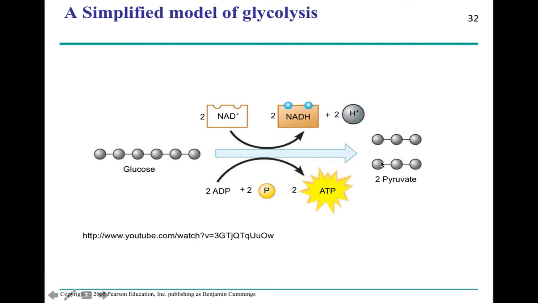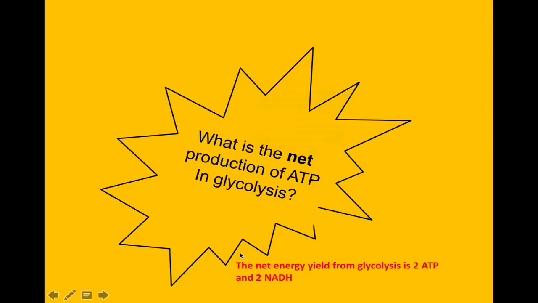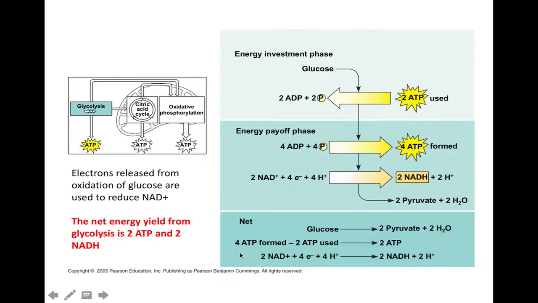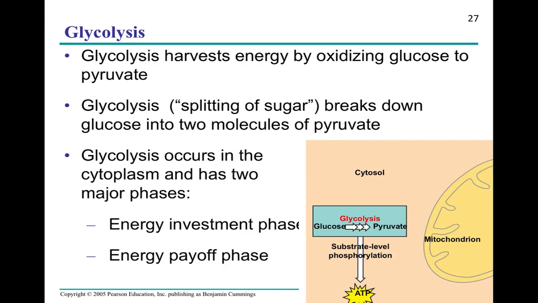As you can see, there is no oxygen involved, there is no carbon dioxide formed here, right? So if you need to watch what happens in glycolysis and learn more details, here is the website. But you do not need most of it. All you need is this part which is coming up.